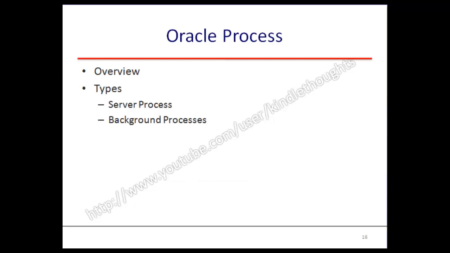Now, these processes are on the database server side, and they interact with the client process or the user process, service the requests, and provide the results to the client process. When we talk about the Oracle process, there are two types of processes that are present. One is the server process and the other is the background process.